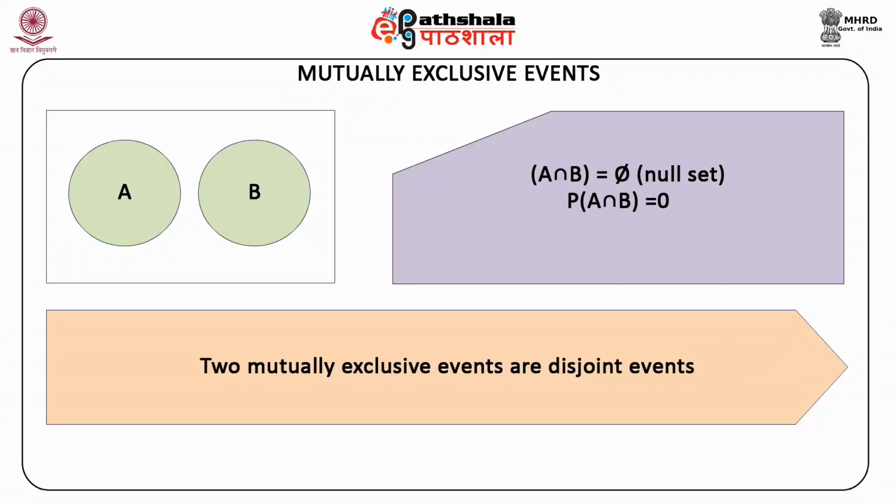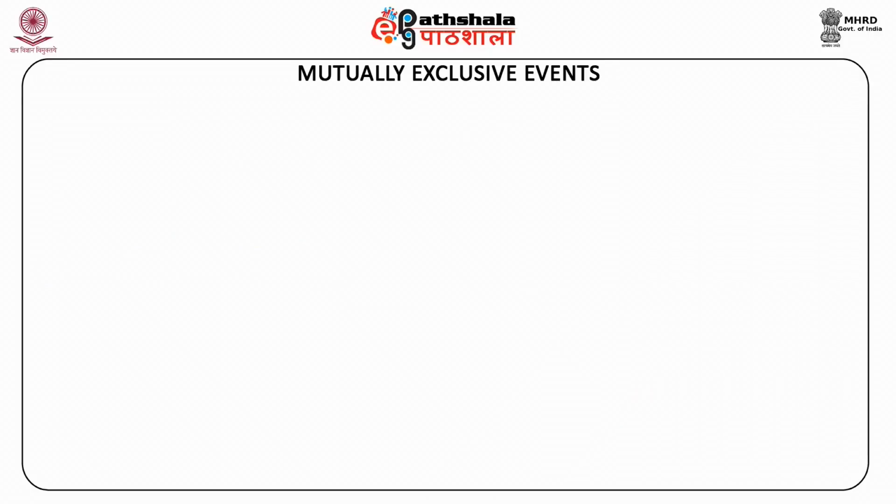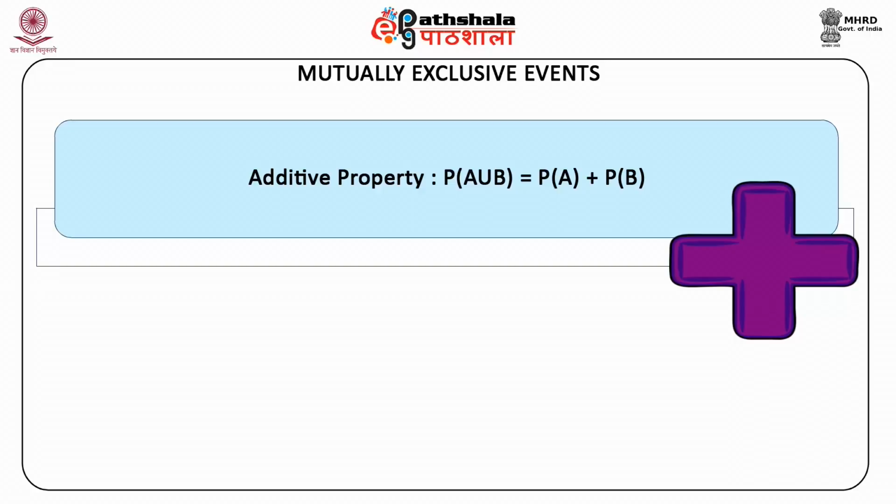Thus, in the set theoretic notation, the union of the events A and B is written as A union B, and the intersection or the product of two events A and B is written as A intersection B. The equation for the additive property is P of A union B is equal to PA plus PB. This equation of the additive property of probability is postulated by the third axiom of probability.